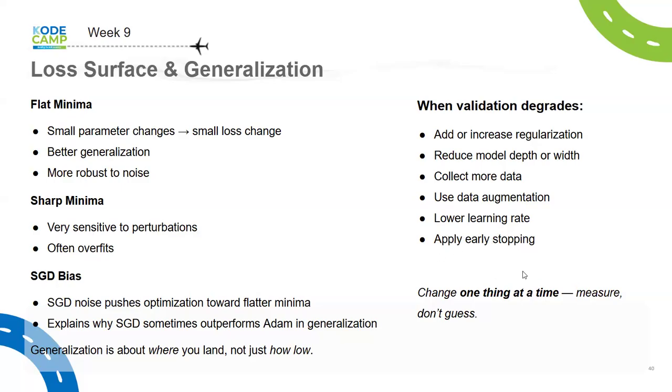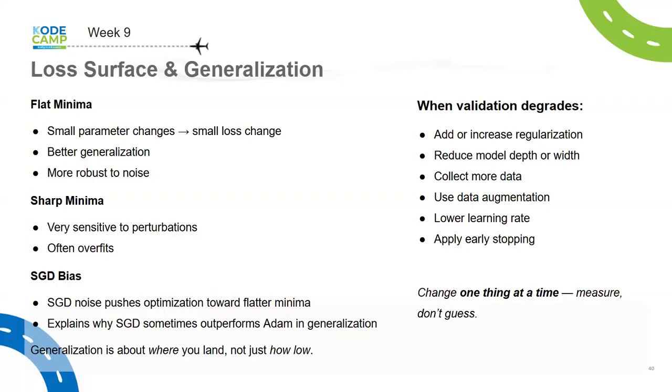Okay. But the key thing is change one thing at a time and measure. If you want to really become very good at training models, one thing you need to understand is what should I adjust in this particular session? How do I monitor the effect of my adjustment, right? Measure.